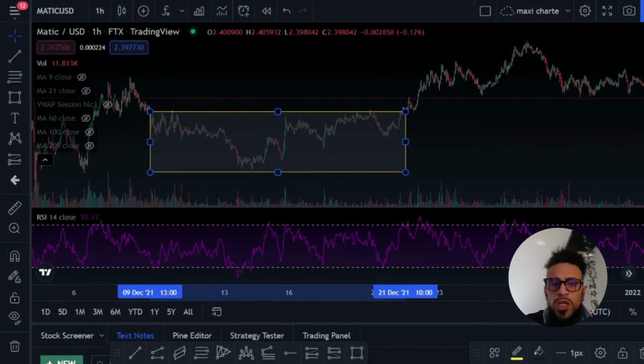Essentially, an uptrend refers to the price action making higher highs and higher lows. This is also said to be a bullish trend. All right. So then, when the trend goes down, it's going to be considered a bearish trend, and therefore it puts in lower highs and lower lows.